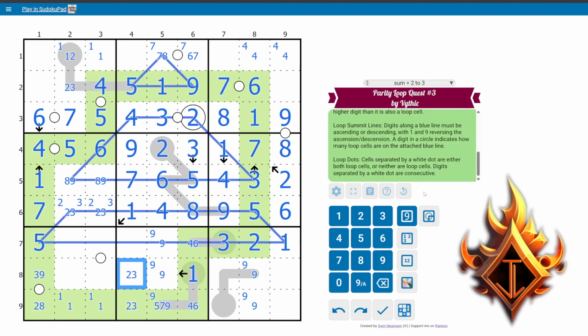5, 7, 8. What's left in this column is a 6 and an 8. If that was 6, that would be 5 and 4.